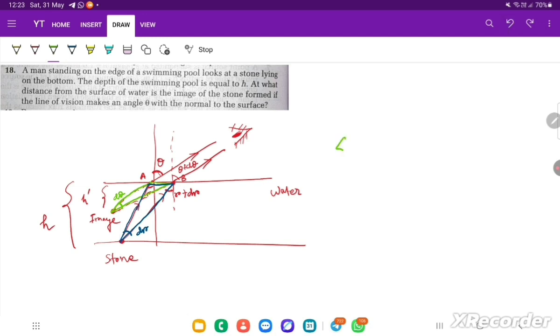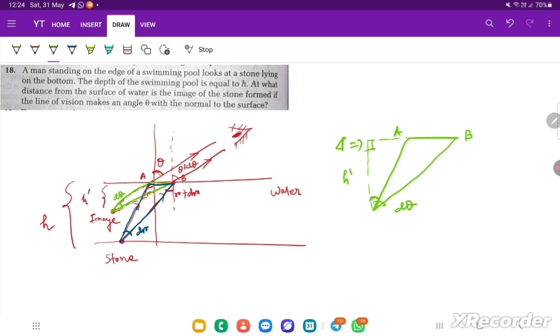Now from the green triangle, let me once draw this a little bit bigger so that it can be understood easily. This is A, this is B, this angle is d theta, and this length was h dash.